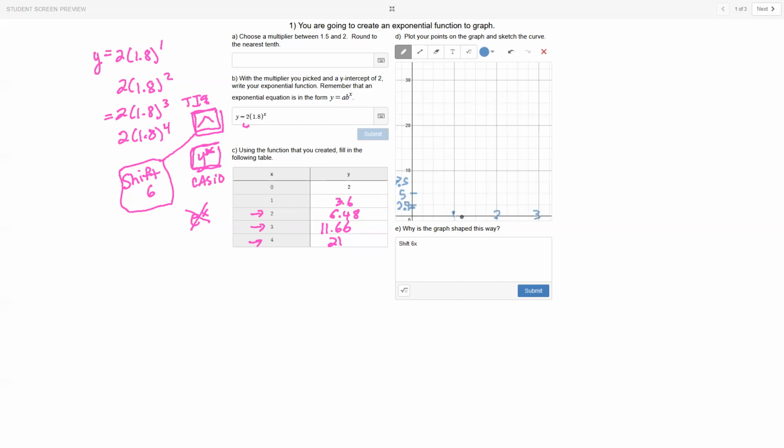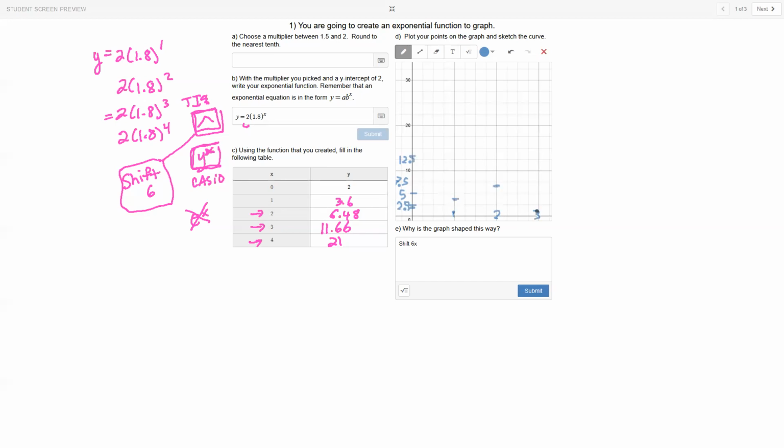So 1, 3.6 is somewhere around here. And then I want 2, 6.48. So 6.48 is somewhere around here, under 7.5. And then 3, 11.6. This is like 12.5 right here.